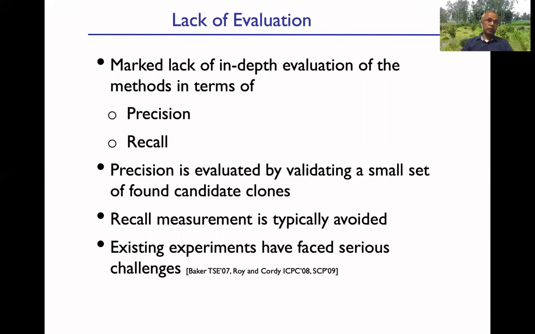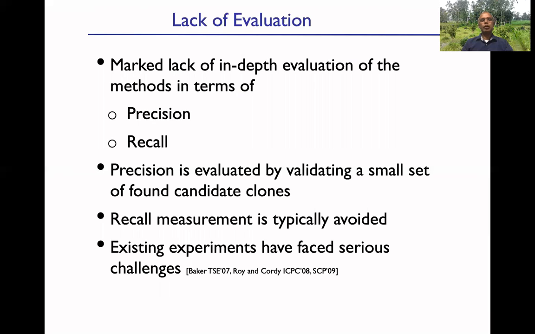Of course, we can measure precision by validating a small sample, but measuring recall is challenging. Most of the tools people publish try to avoid measuring recall because of these challenges. How do we find out the recall if we do not know how many actual clones there are?